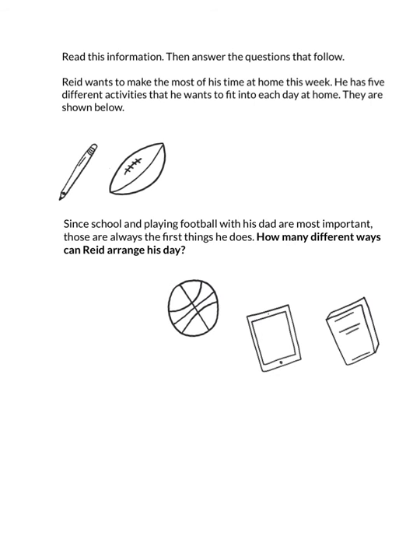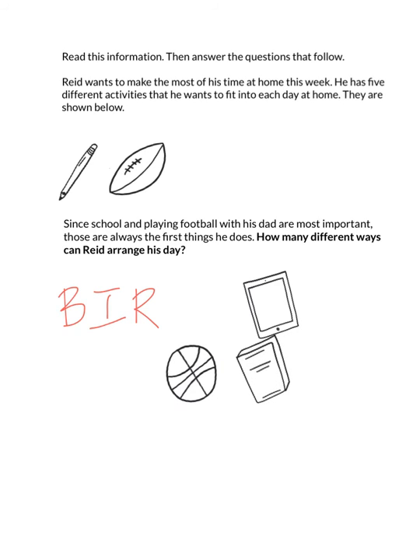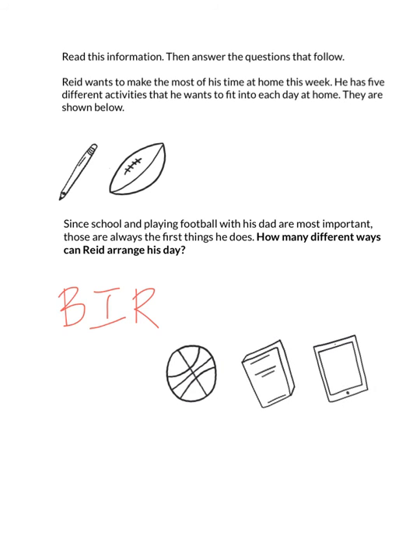So the first way that Reed can set up his day would be homework, football, basketball, iPad, and reading. So I'm going to write that on the left here in red. Basketball, iPad, and reading. Okay. Now, the next way he could do it is basketball, reading, iPad.